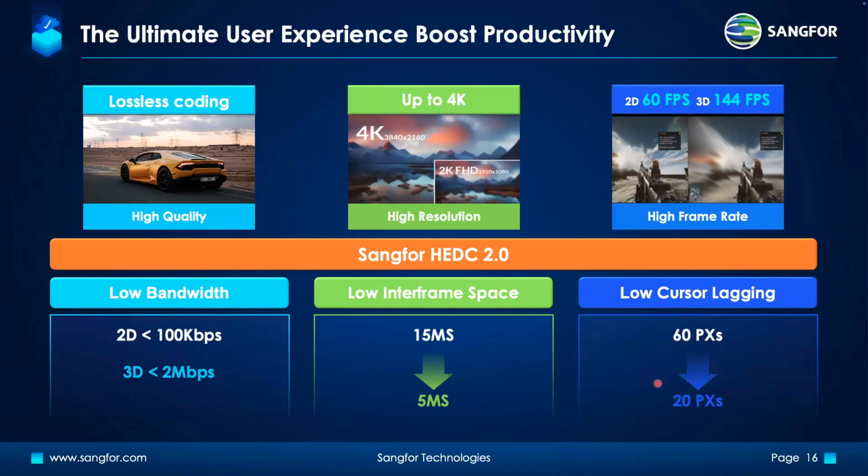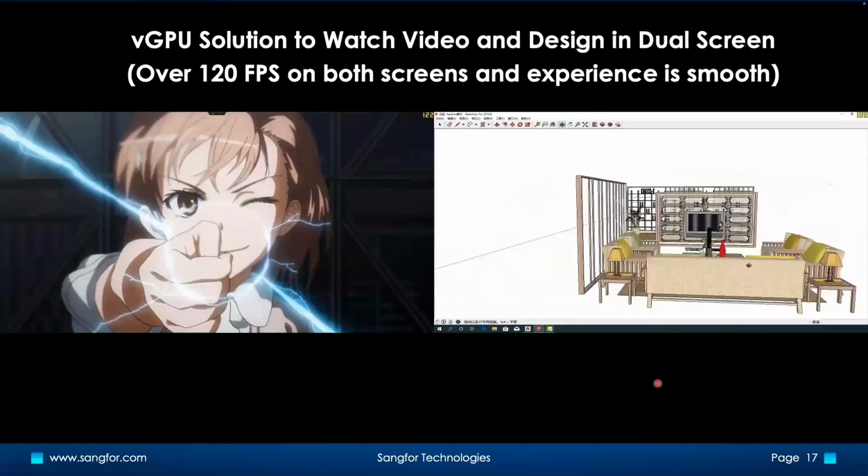So imagine with the minimum bandwidth consumption, HEDC protocol, or in other words, Sangfor ADESC, is able to provide that seamless access. If you want, you can test it yourself. If a customer is willing to do a POC, you can do a POC and you can show them as well, right?